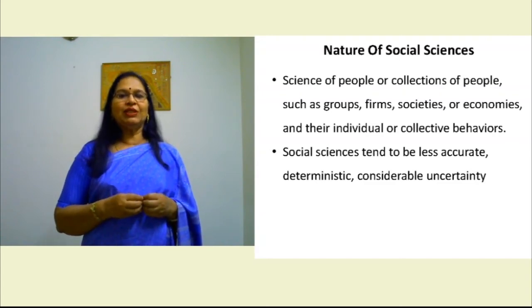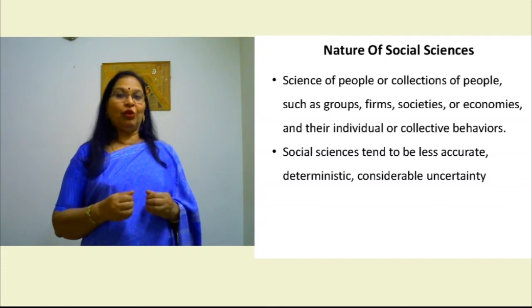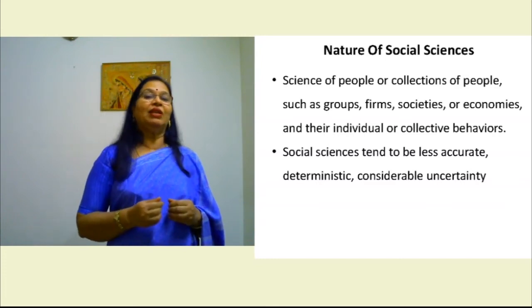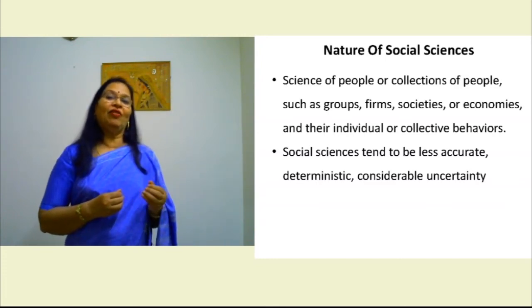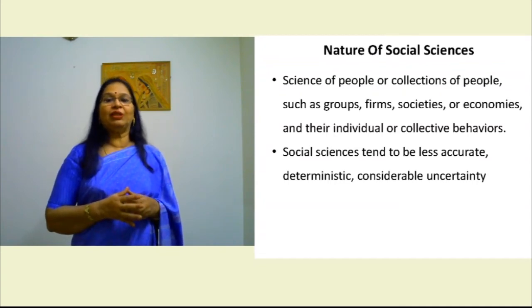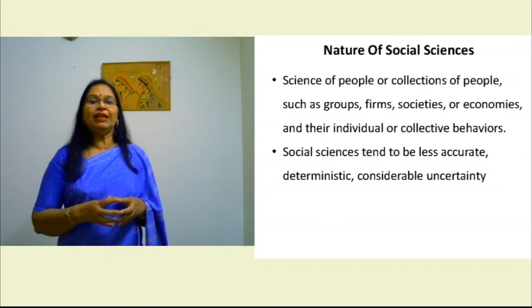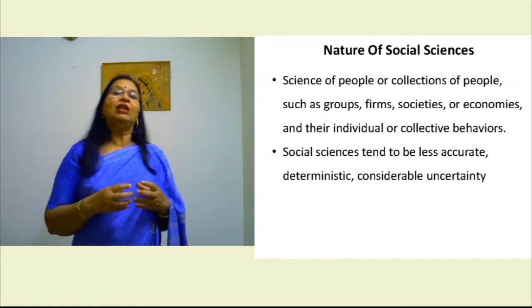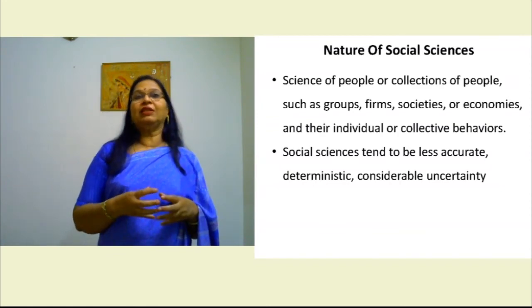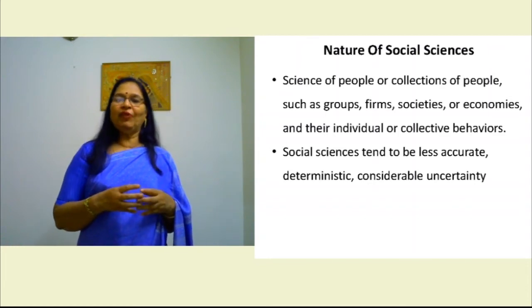So studying social science does not give accurate results as you get in research in physical or natural sciences. Social sciences are not very deterministic in that sense, and they have a certain amount of uncertainty.